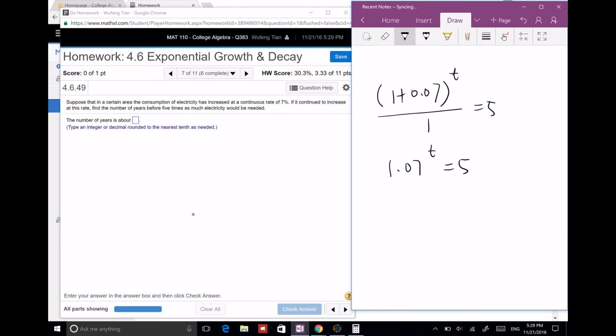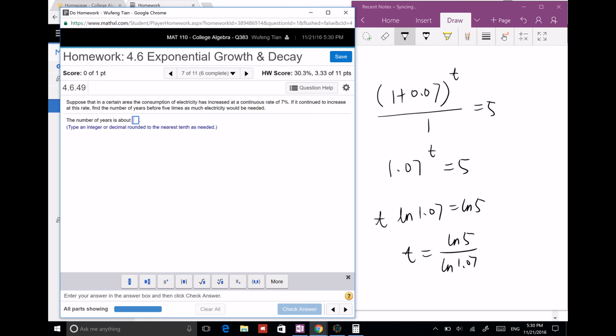You can take ln on both sides. So t times ln 1.07 equals ln 5. So t equals ln 5 over ln 1.07. Okay, ln 5 divided by ln 1.07 equals 24 years. Rounded to the nearest tenth, it's going to be 23.8 years.